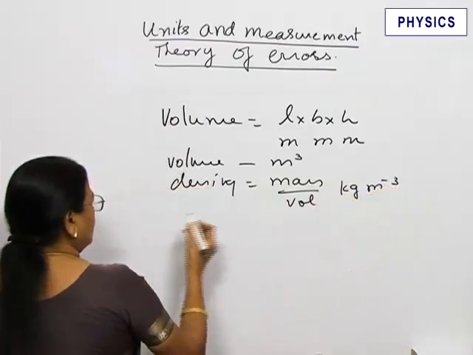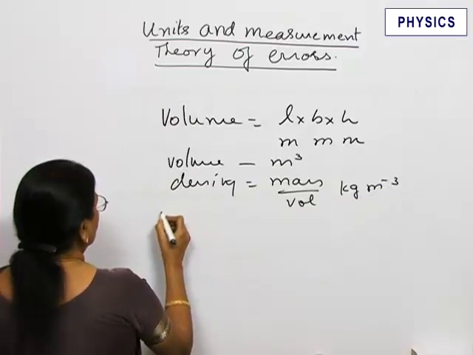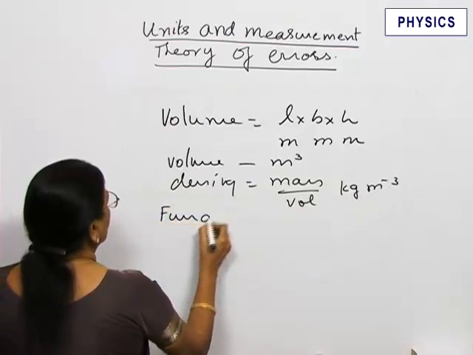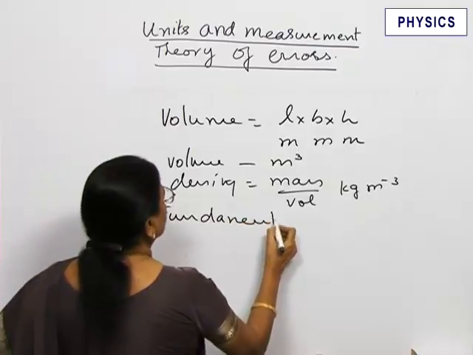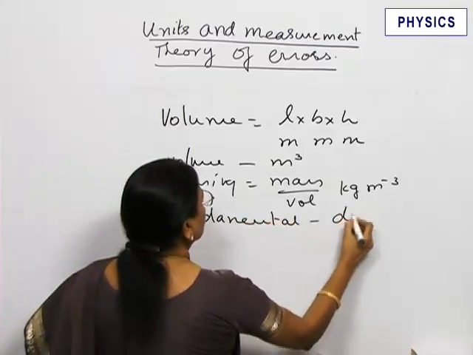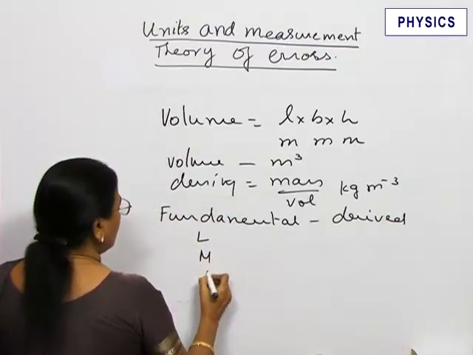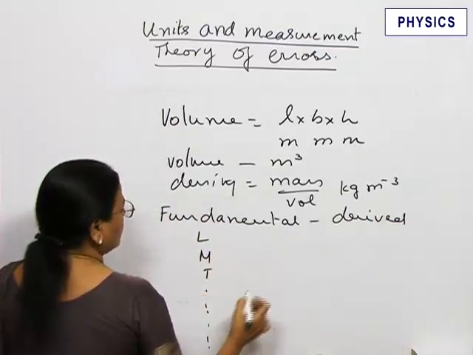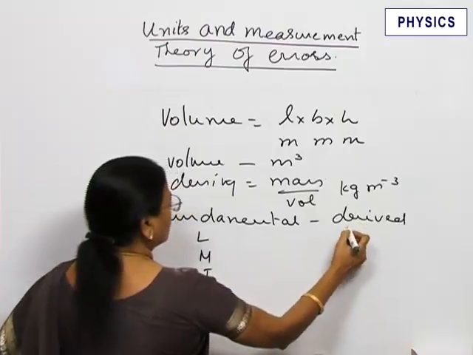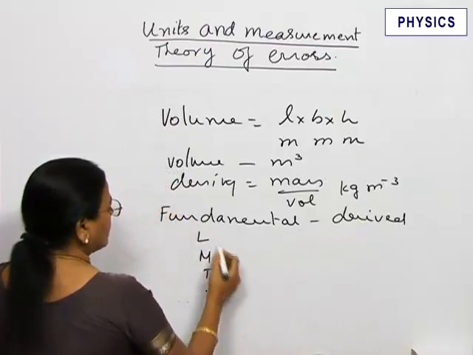Now, we talk about fundamental quantities and derived quantities. Fundamental quantities are length, mass, time and the other 7 we have seen. Derived quantities are physical quantities which are expressed as a combination of these.